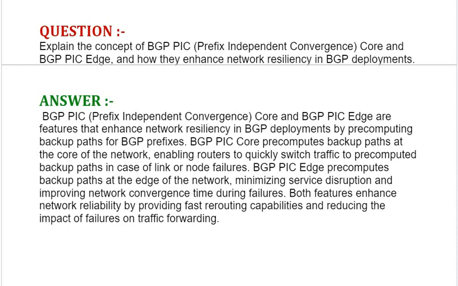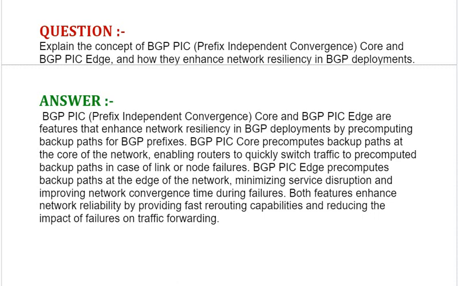BGP PIC core pre-computes backup paths at the core of the network, enabling routers to quickly switch traffic to pre-computed backup paths in case of link or node failures.